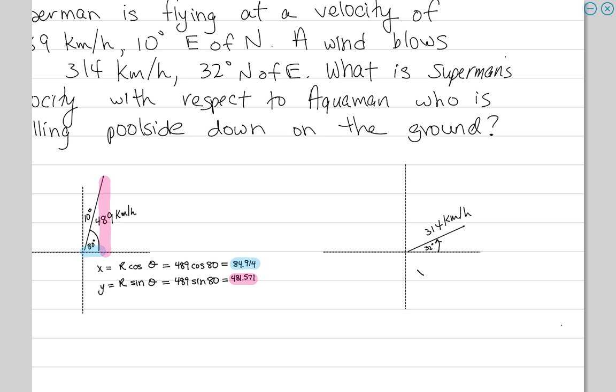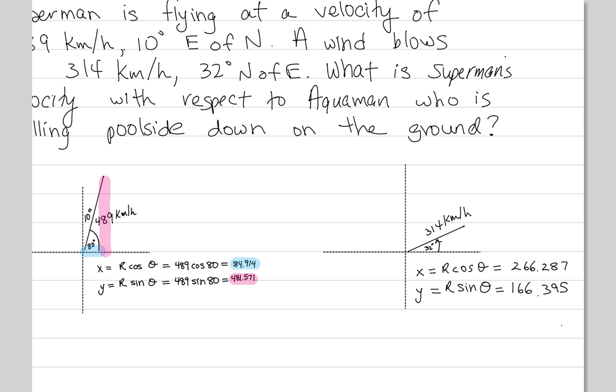Okay, so again, x will equal r cos theta, and y will equal r sine theta. So 314 cos 32, I get 266.287. And 314 sine 32, I get 166.395.